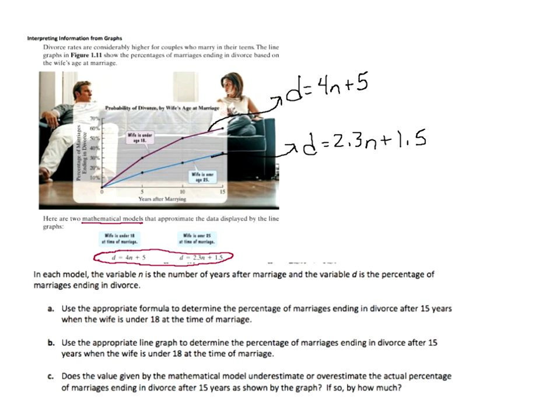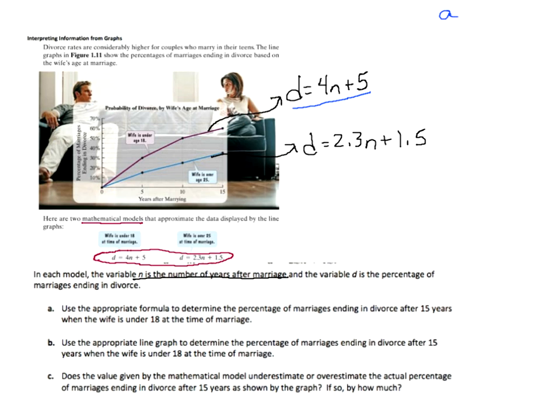Notice you're told here that N is the number of years after marriage. So in this first question, you're going to plug in 15 for N. And I'm going to use this top mathematical model because that corresponds to girls who get married under the age of 18.